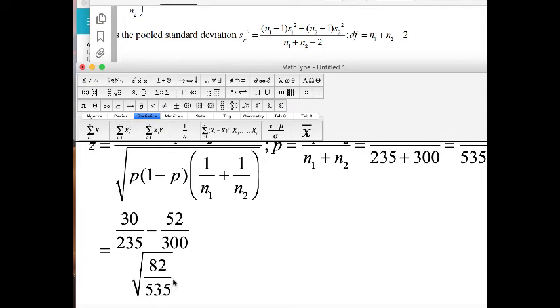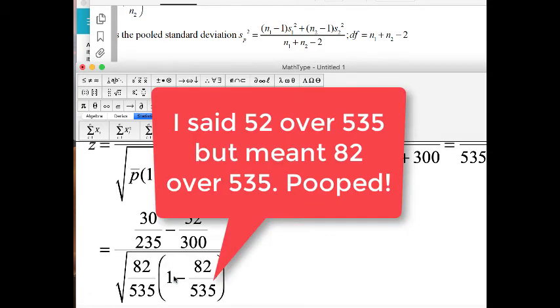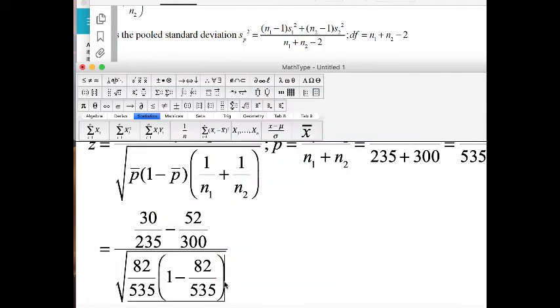You can't see it, but I just cursored over to the left. And now when I put in the parentheses, you'll notice that the square root expands with it. So then we're going to do 1 minus that 82 over 535. And then I'm just going to use the arrow key to cursor over rather than trying to tab, because I'm not tabbing in the right spot.